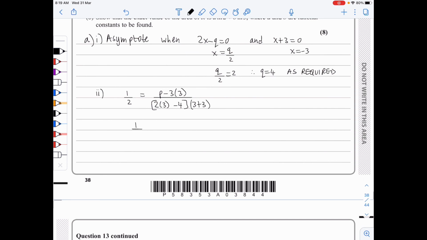So a half is p minus 9, and in the denominator we have 2 times 3, which is 6 minus 4, which is 2, times 6, which is 12. So 6 is p minus 9, and therefore we obtain that p is 15 as required.